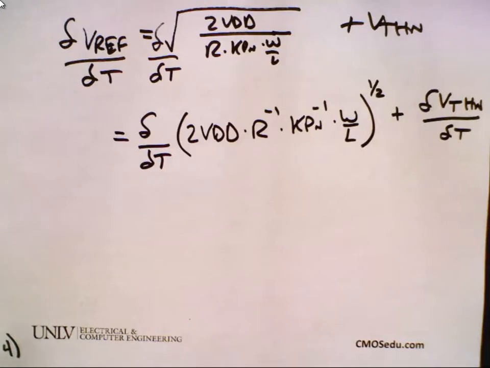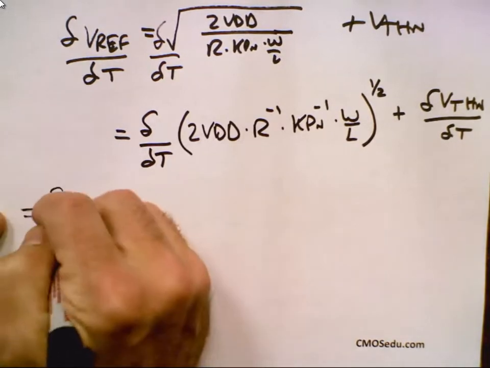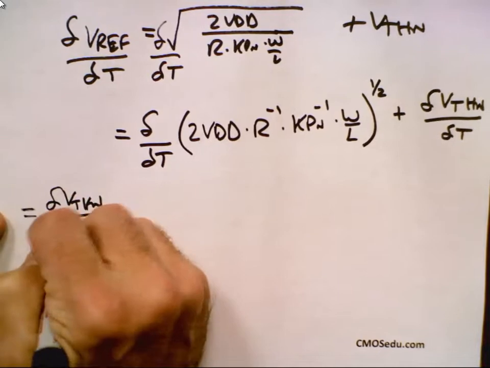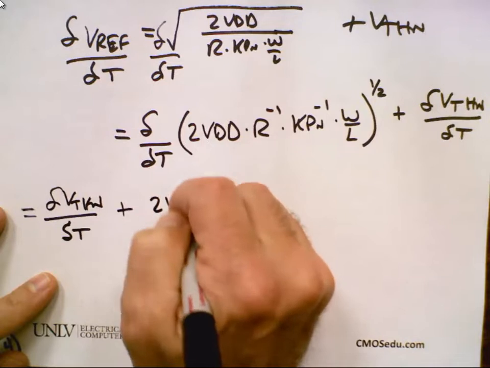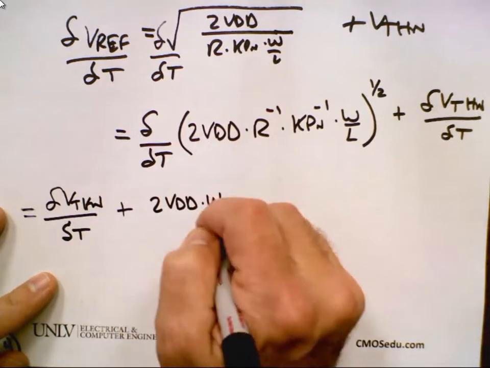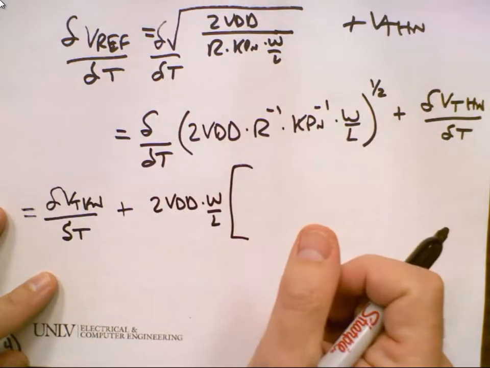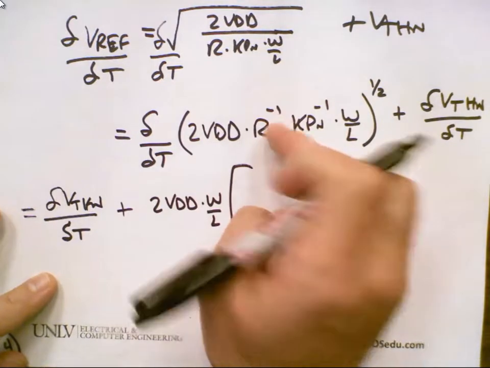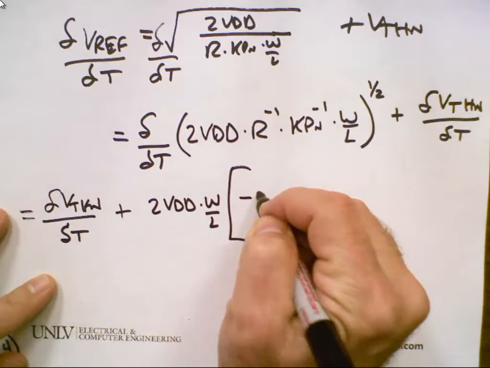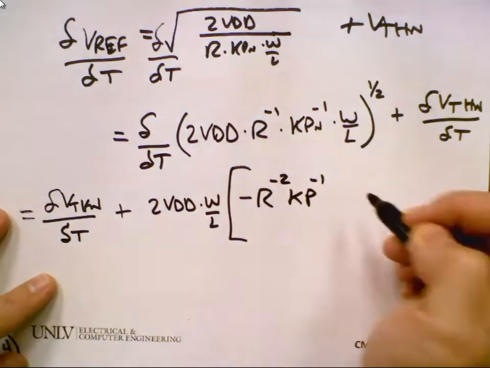Yeah, term by term, right? So I'm going to make it easy on myself, and I'm going to write this is equal to, because I want to get 100% on my quiz here, plus 2 VDD times W over L, and then times, the first term is, well, wait, I take the derivative, so it's minus R to the minus 2 Kp to the minus 1.